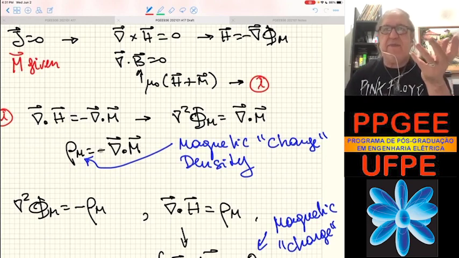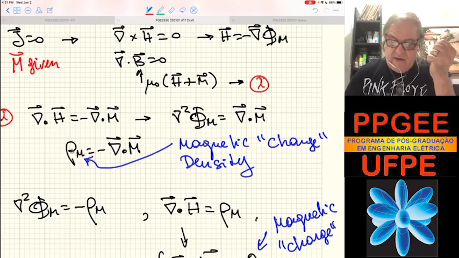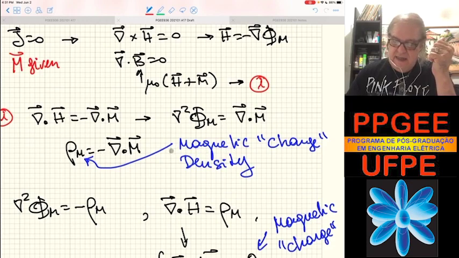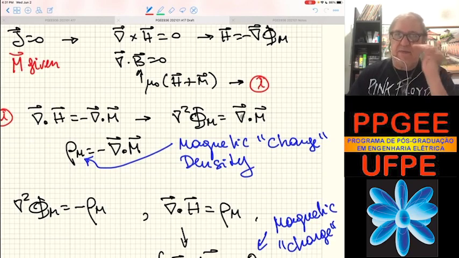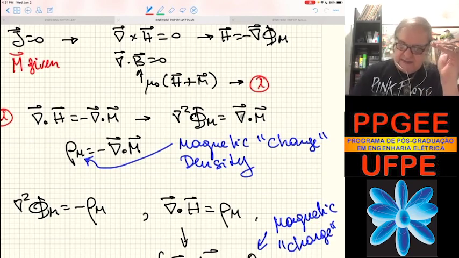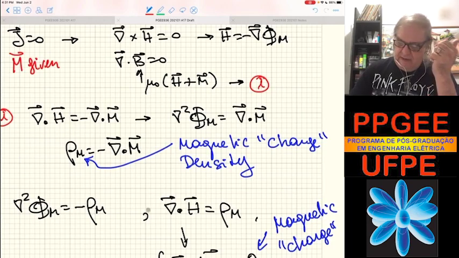So I define this to be very similar. We are not going to have a permittivity, but we can define a magnetic charge density rho m equal to minus divergence of M. We keep the sign to have the same behavior as the scalar potential for electrostatics. So we're going to have a Poisson's equation now: Laplacian of phi m equals minus rho m.